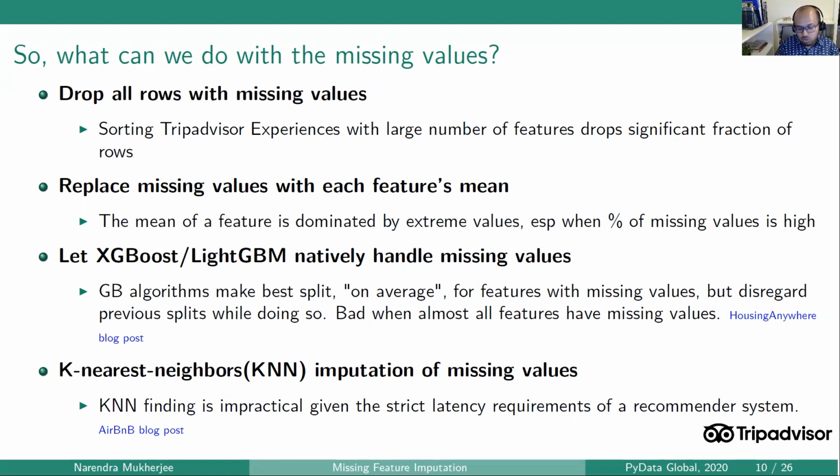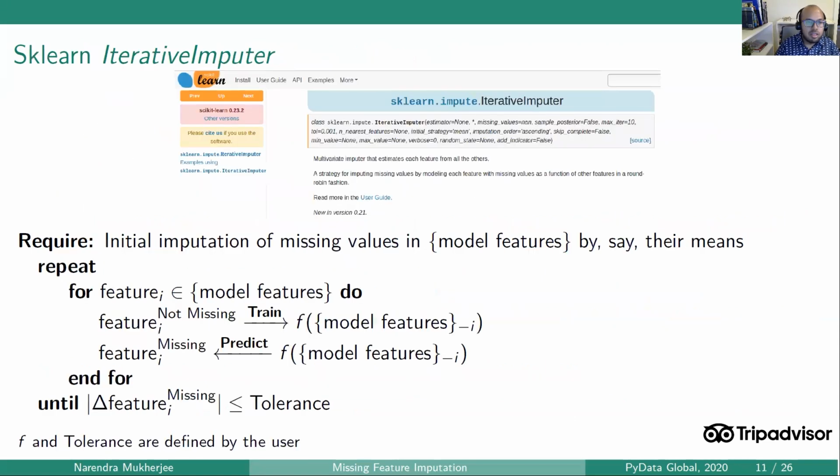So what did we use eventually? What we used is scikit-learn's iterative imputer. And what this does is a sort of round robin imputation of the features. So you impute the features one by one based on the values for all the other features in the data set.